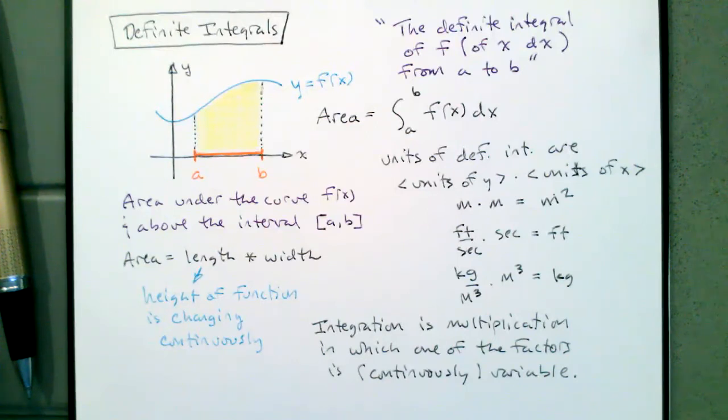Remember that our strategy for calculating the area when the length is continuously variable is to make rectangles. We flatten out the function, and then we can use multiplication so that we could just do length times width.